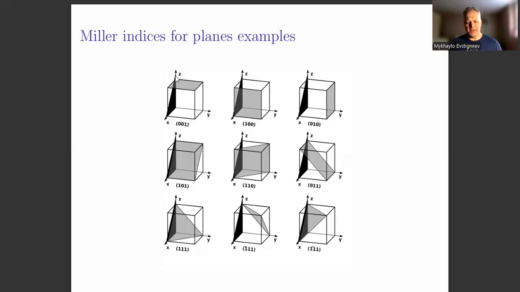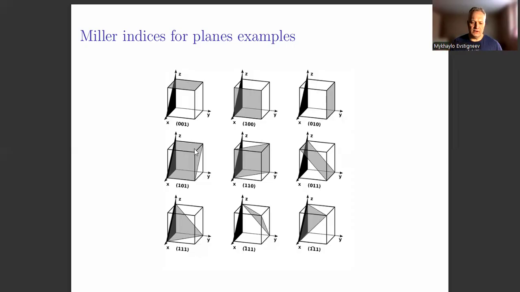This shaded plane does not intersect the x and y axes, so the intersection points are located at infinity, and this plane intersects the z-axis at 1 lattice constant. Now we have the intersection points at infinity, infinity, 1. Invert them, you get 0, 0, 1. And likewise for these two.